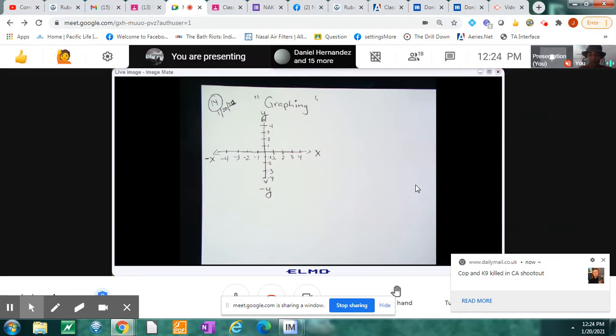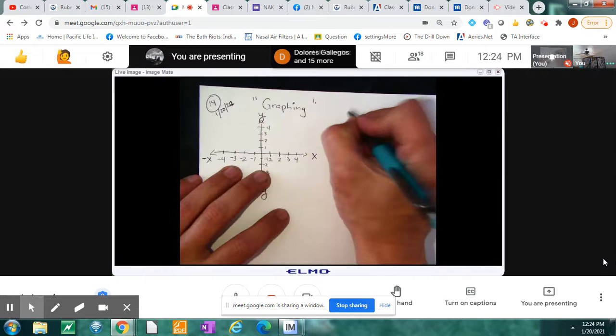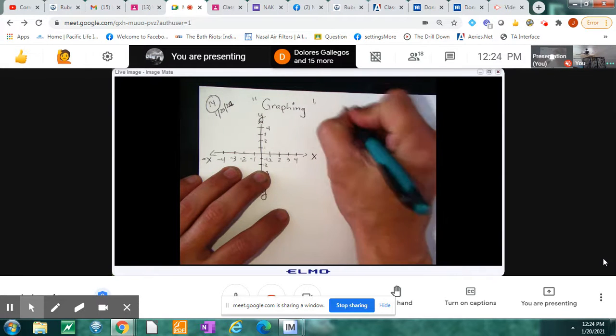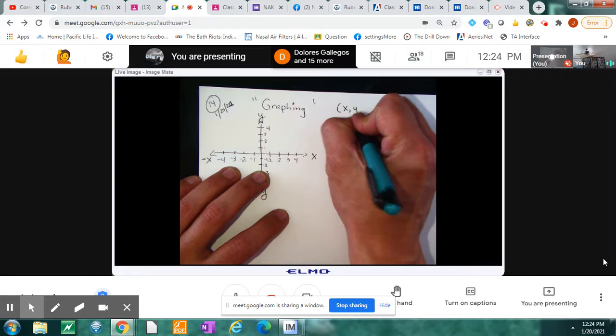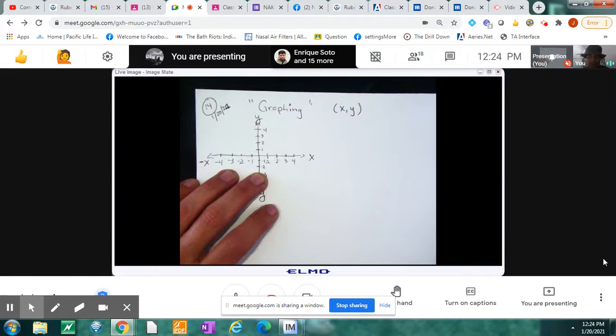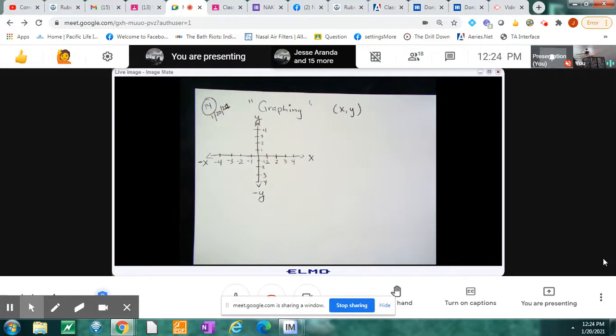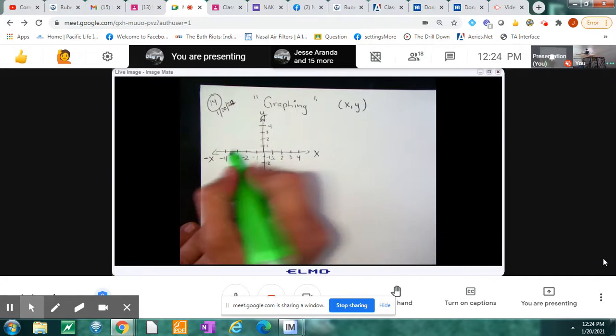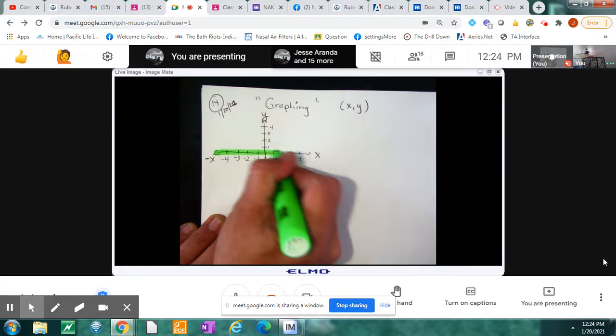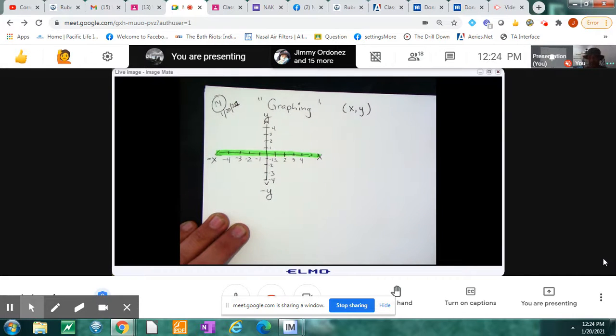The first one is your x and then your y. A lot of you already know that, so remember that your x goes first. You have to look for the number on the x-axis, which I colored green.